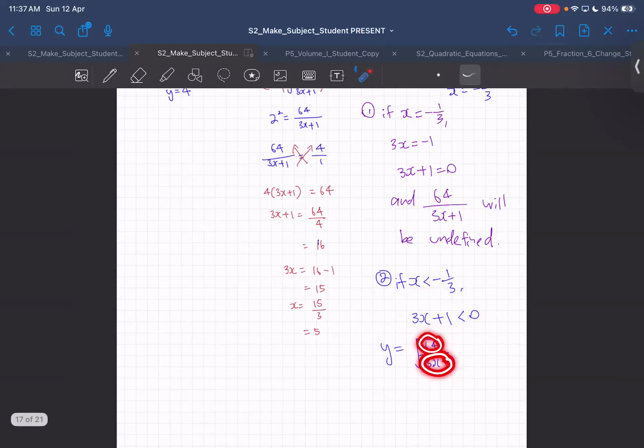Positive divided by negative is what? What is positive divided by negative? Negative, right? So if my 3x plus 1 is negative, this whole thing will be negative, right? Agree or not?